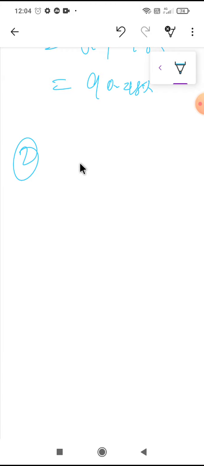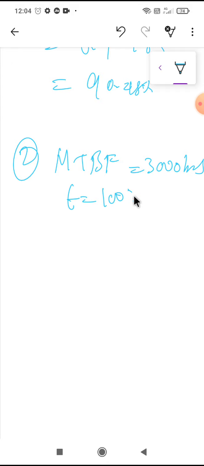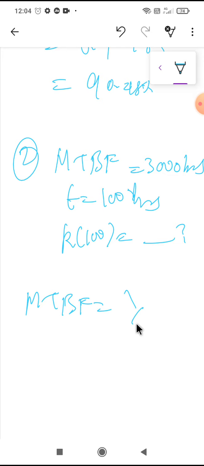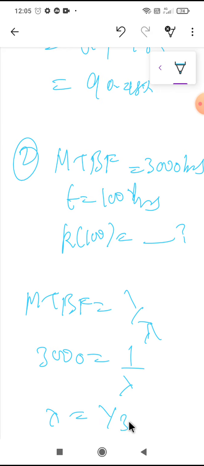For a particular item, the mean time between failure, MTBF, is given as 3000 hours. What is the reliability associated with it for a specified service period of 100 hours? We know that MTBF is 1 upon lambda. So 3000 is equal to 1 upon lambda, so lambda will be equal to 1 upon 3000.